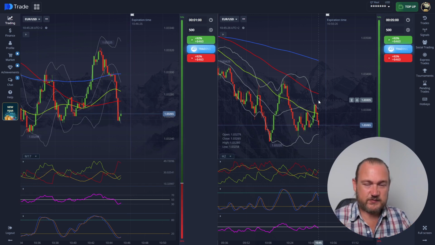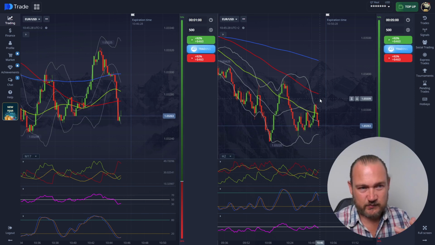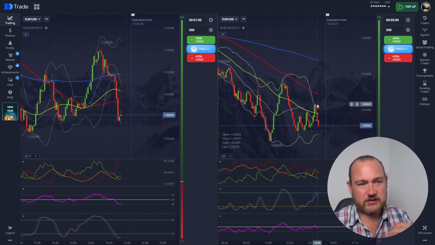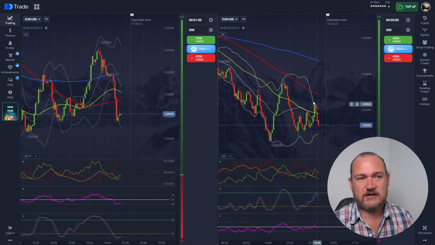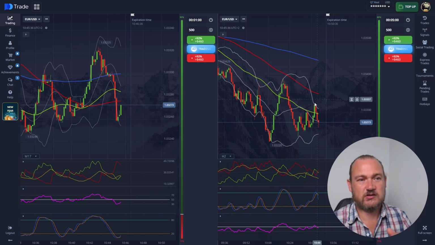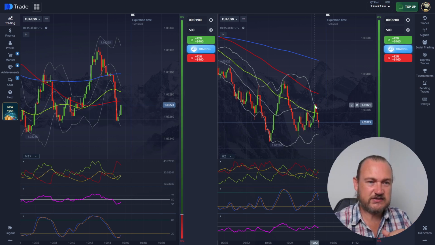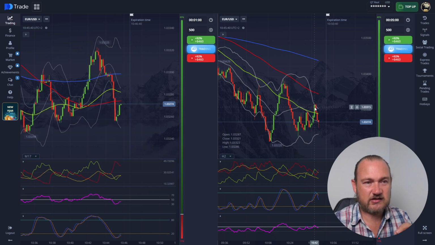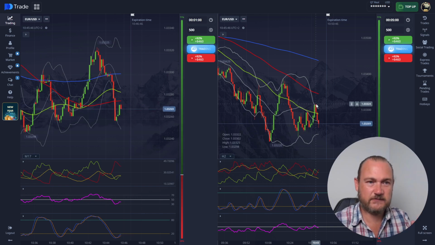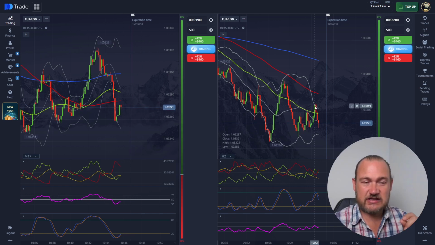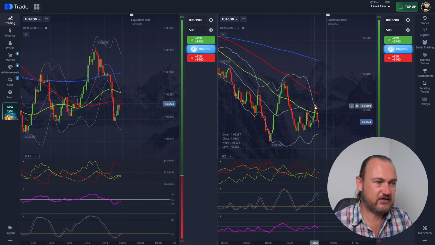I'll take a trade in the opposite direction, like it was coming from below, hitting the top band, but both bands were still contracting, so I just took a sell trade because usually this will bounce downwards. And notice that I only executed my trade when the candle touched the upper band.